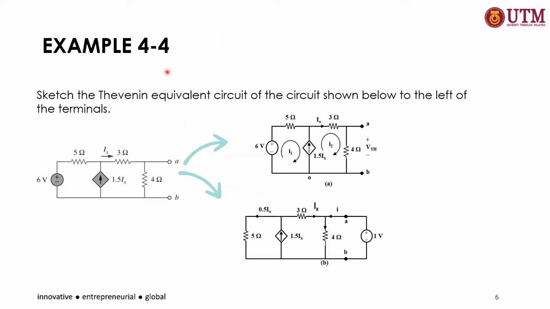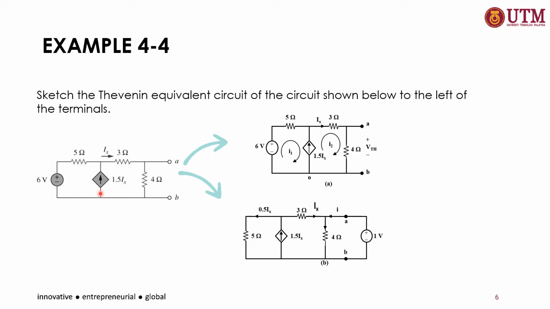This is example 4.4, where we want to sketch the Thevenin equivalent circuit based on the given circuit. Here this is terminal A and B, which is the load terminal. In this circuit we have an independent source and also a dependent source.